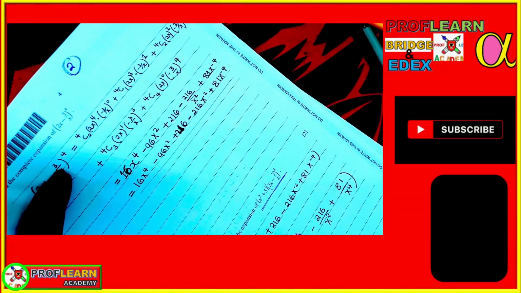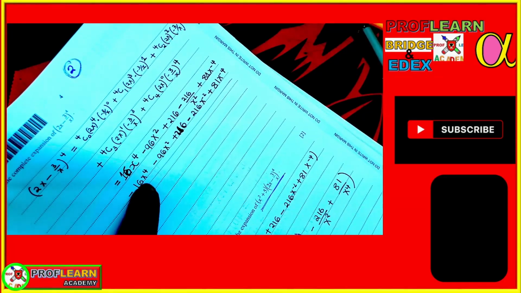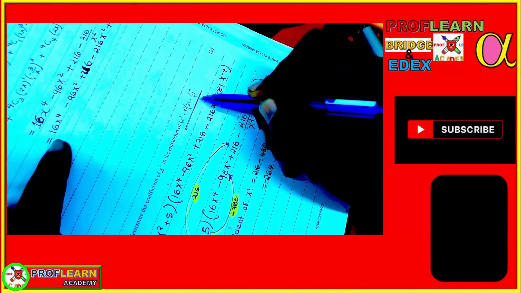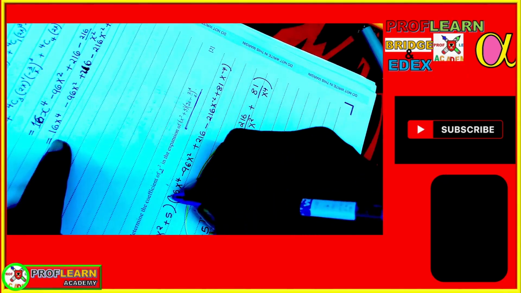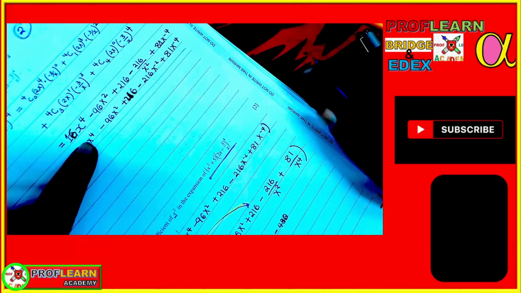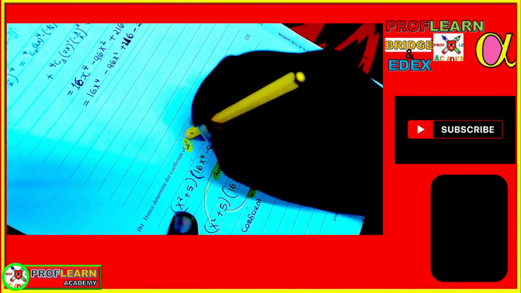Instead of writing (2x minus 3/x) to the power 4, you are going to write whatever we got in part A. Then we shall write (x squared plus 5) times the bracket of whatever we have in part A. You are not going to expand everything, because they are asking for the coefficient of x squared.